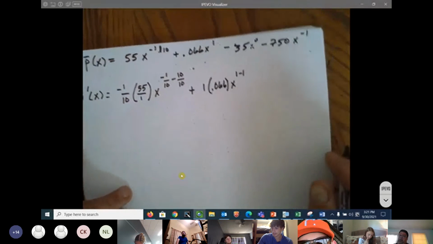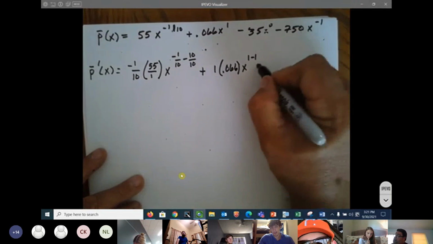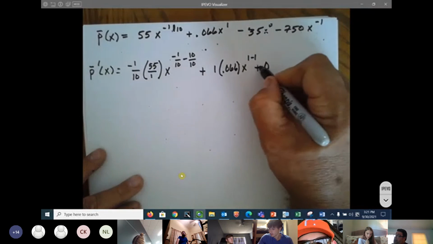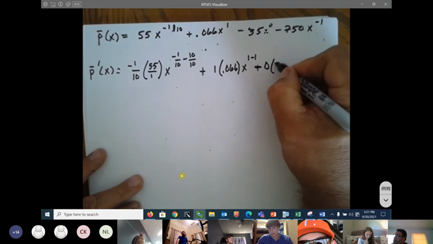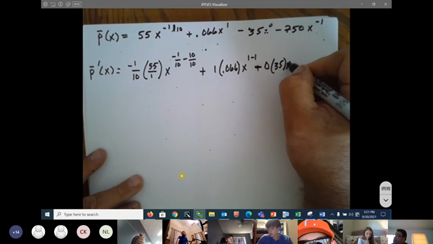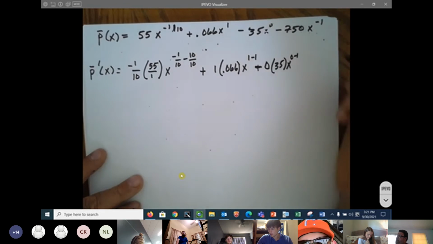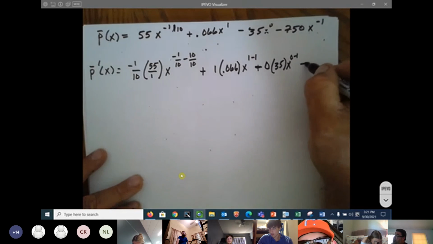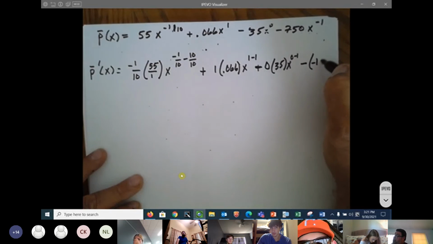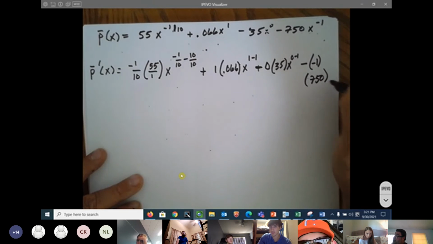So that's going to be plus 0, minus 0 times 35, X to the 0 minus 1, negative 1 times 750 X to the negative 1 minus 1.